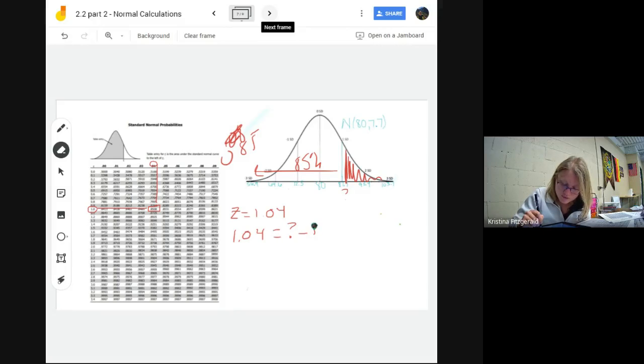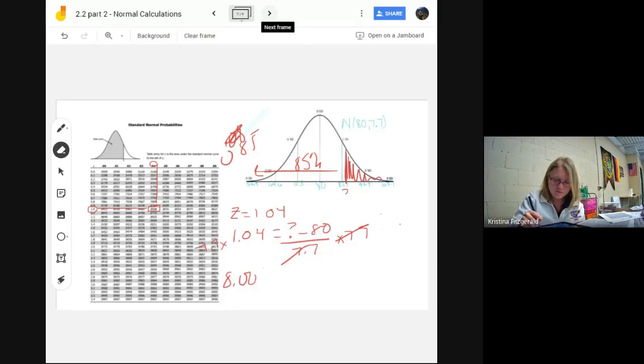So I'm going to work backwards in my formula to get what location I would need to be at, like what's the digit that I would have to plug in to get a Z-score of 1.04. So we're going to do algebra. So I'm going to multiply by 7.7, so get rid of that. So that's going to be 8.008 equals question mark minus 80.